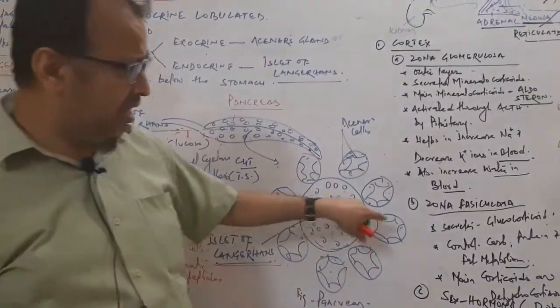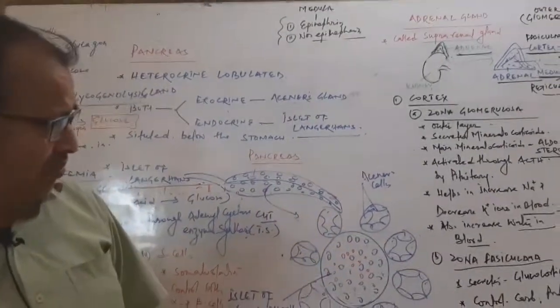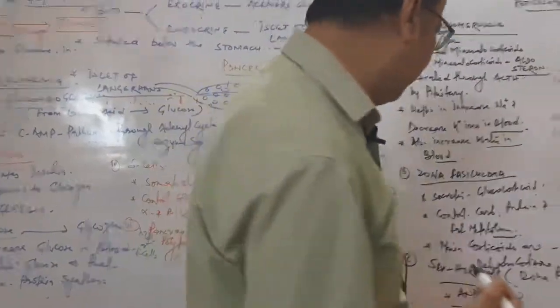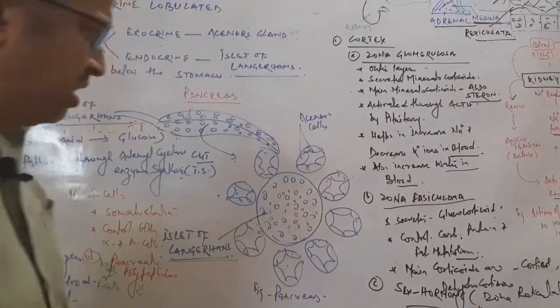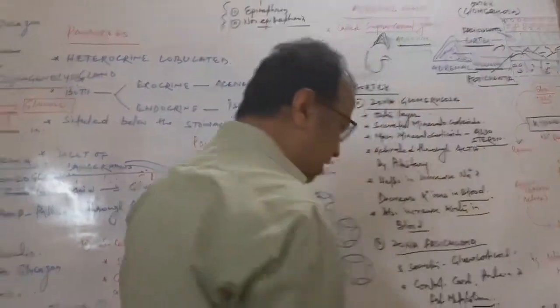Another is zona reticulata. Zona reticulata, the inner layer, secretes sex corticoids.